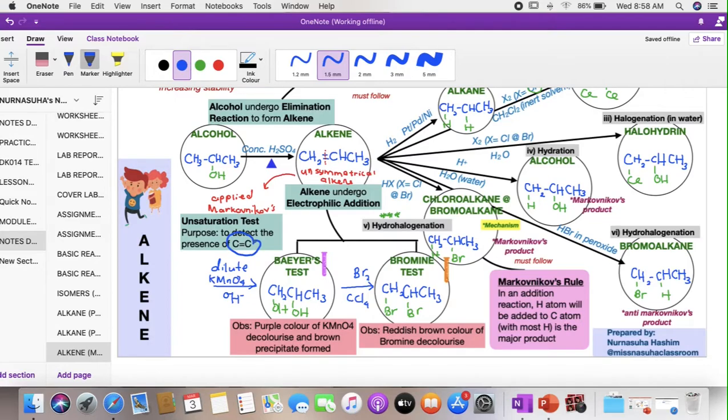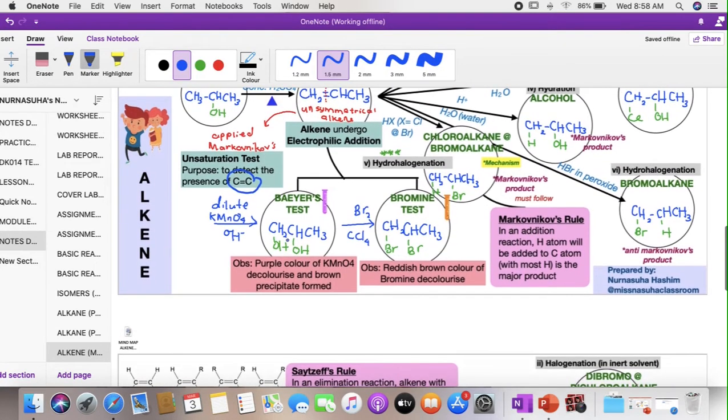So kita ada dua jenis Unsaturation Test. The first one is Bayer's, second is Bromine Test. Miss dah discuss D7 dengan D8 dalam lab. I believe D9 dan D10 dah dibincang dengan pensyarah juga. So Miss tak pergi detail sangat lah.